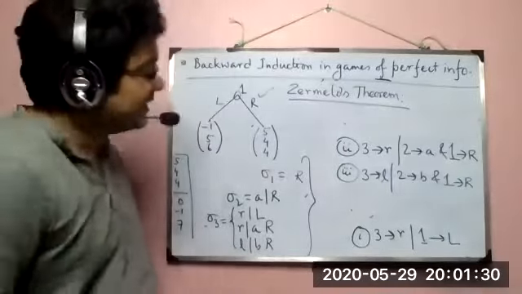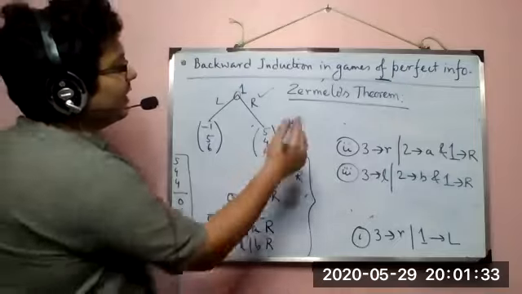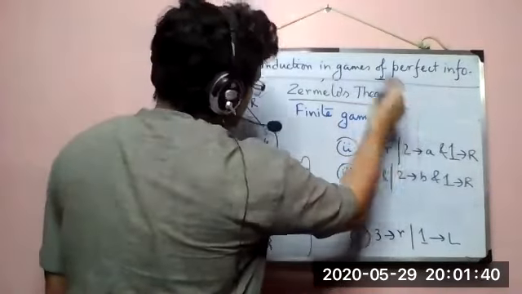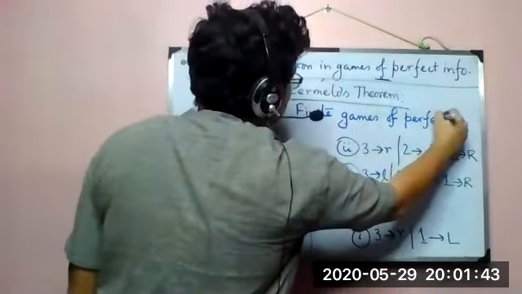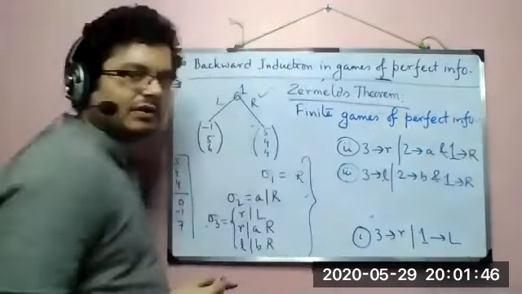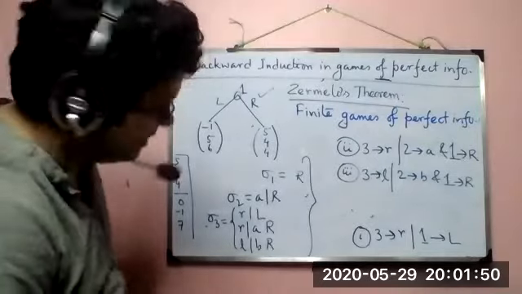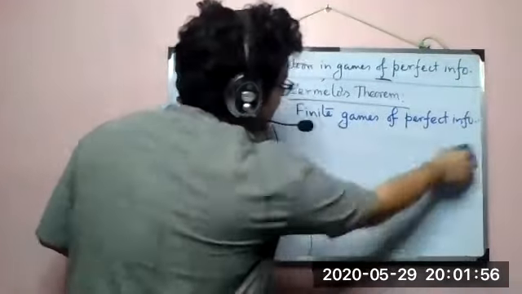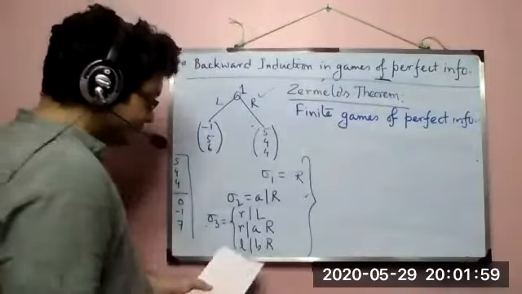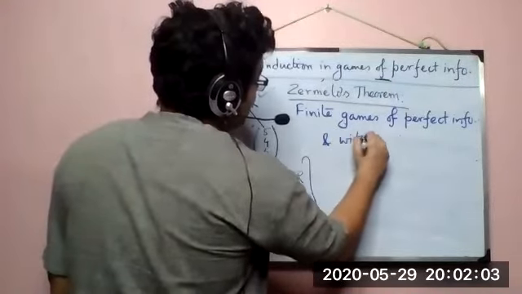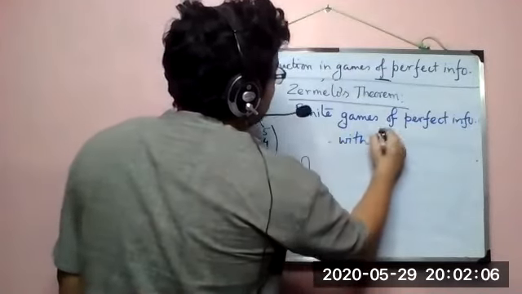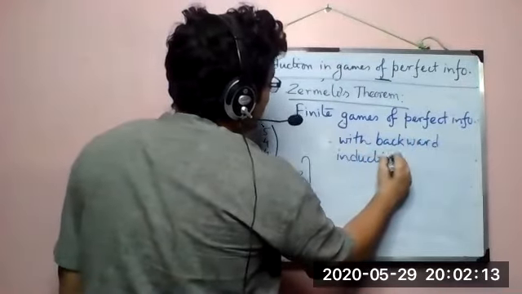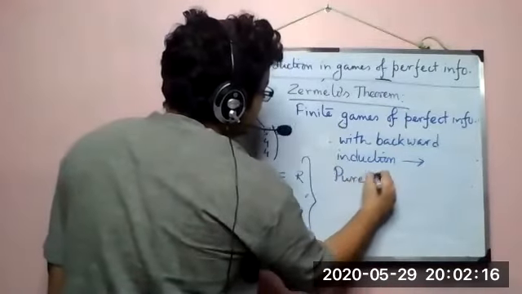It says that if we have finite games of perfect information, the kind of game that we are dealing with, and if we apply backward induction, then we will always have a pure strategy Nash equilibrium.